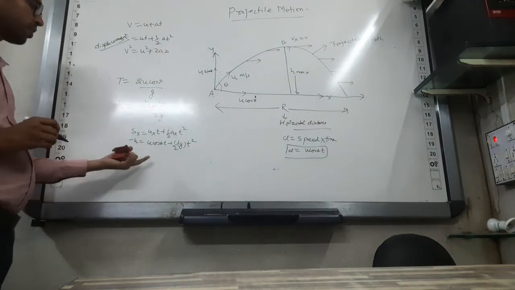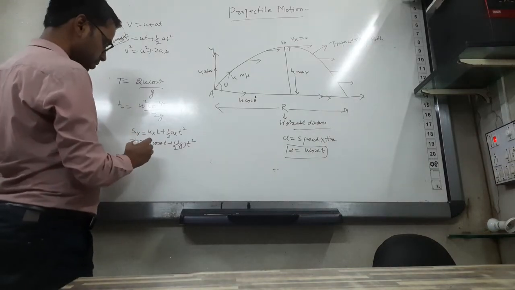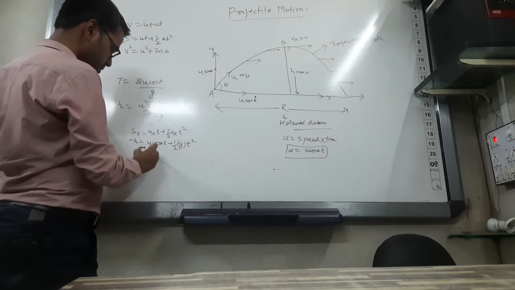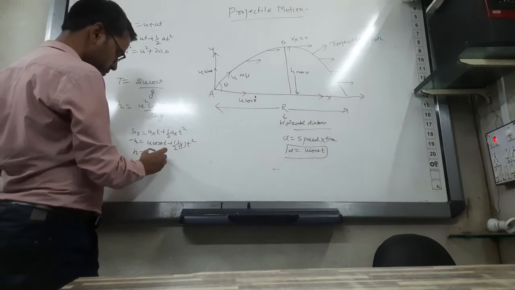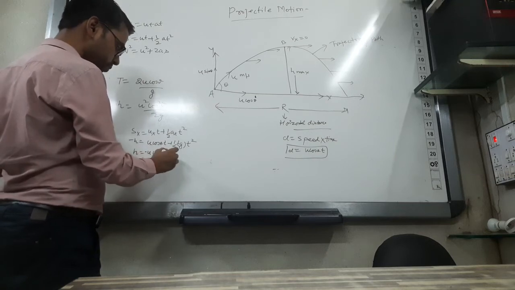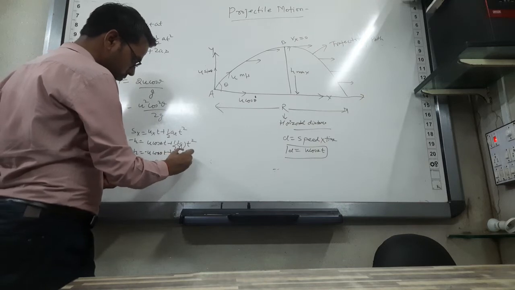Then we solve this, and we get h equal to u sin theta into t minus 1 by 2 g t square.